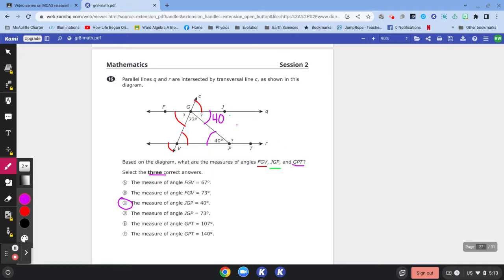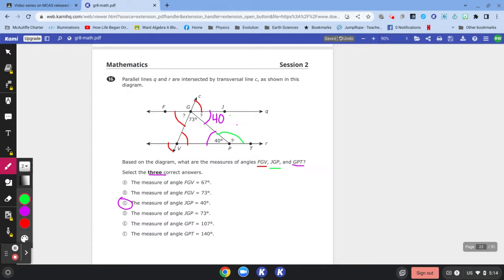Okay, since we know those two, we know 40 degrees here. We also can find this one over here. That one plus this 40-degree one make a straight line, which means they make a straight angle, which means they add up to 180 degrees.